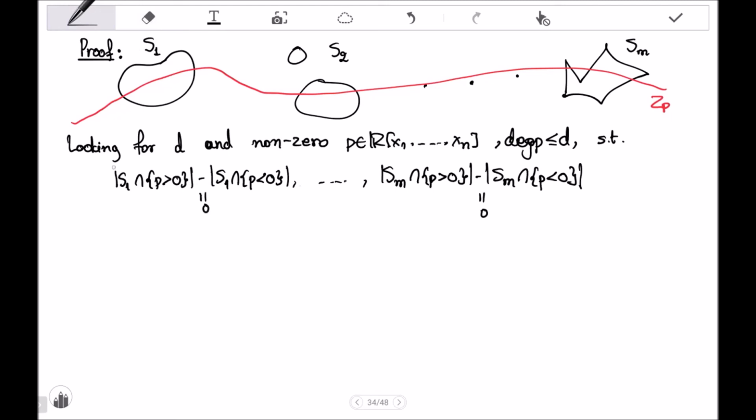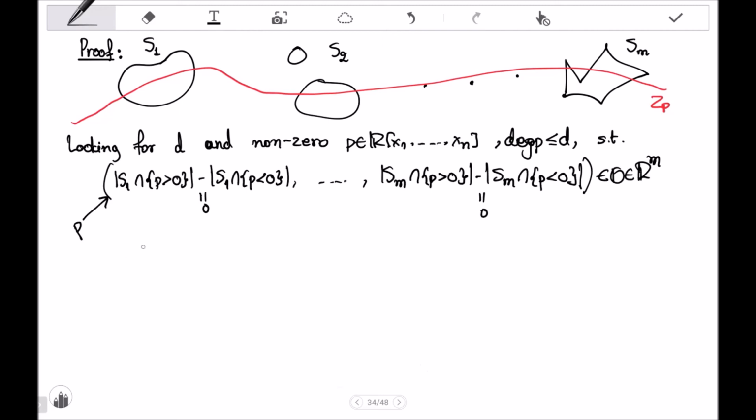And therefore, this m-tuple is the zero vector inside R^m. That's what I want. If I map every polynomial to this m-tuple, I want to show that one of them goes to zero. And what I'll do is map a sphere of polynomials to these m-tuples and find one that goes to zero via the Borsuk-Ulam theorem.